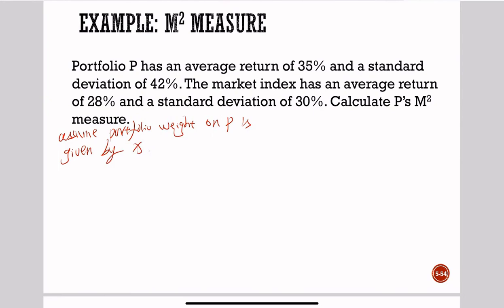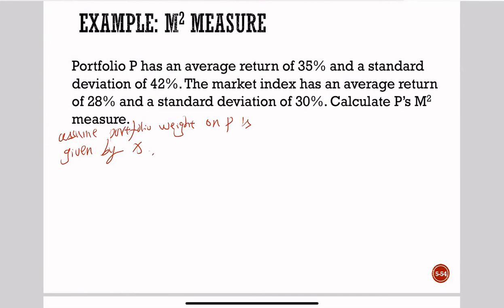Essentially, it is the percentage of investment you put into portfolio P. For example, if you have a total investment of $100 and you invest $10 into portfolio P, then the portfolio weight of P would be 10 divided by 100, which is 10%.